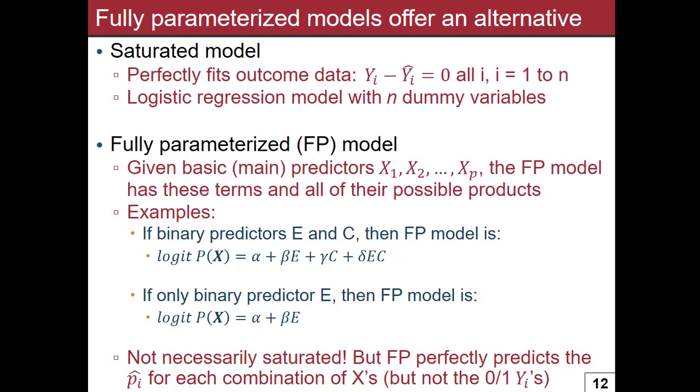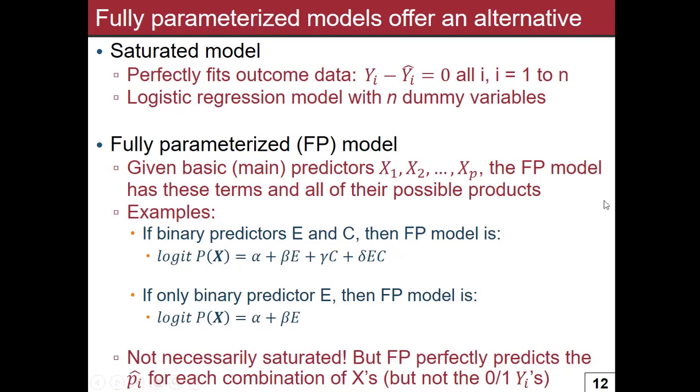So if you've got five terms in your model, age, sex, alcohol use, whatever it is, you put those in the model. Then you take all the two-way products, all the three ways, up to the five-way interaction term. This is also not a practical model. Not a good idea to have five-way interaction terms, just because what does it mean if it's significant? I don't know. And probably it just won't be significant actually. But anyway, the idea is that it's the most interaction-filled model that you can make.